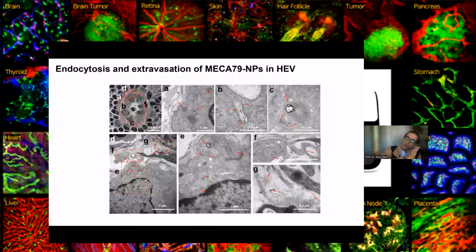Then they go inside the endothelial cells, then they pass through. So one of the key questions to answer, which I think only live imaging can answer, is to see how these particles pass across endothelial cells.